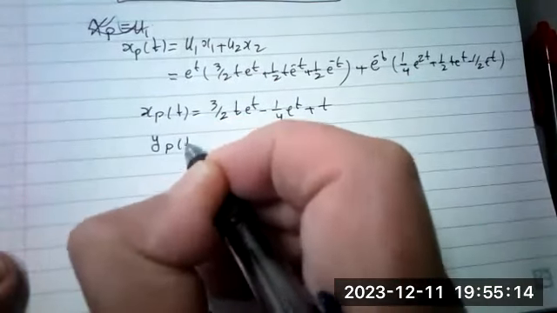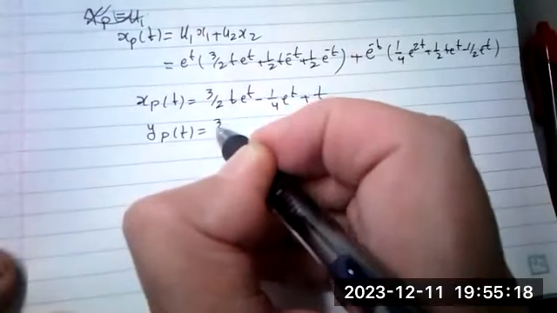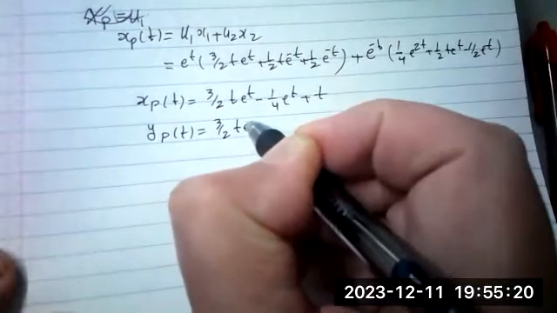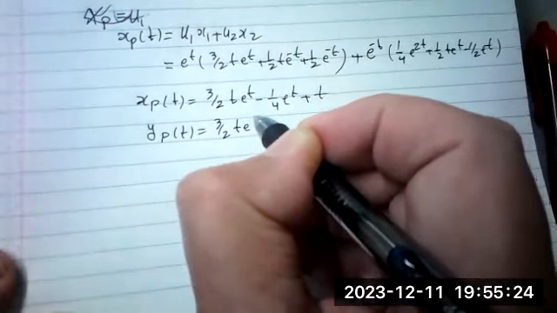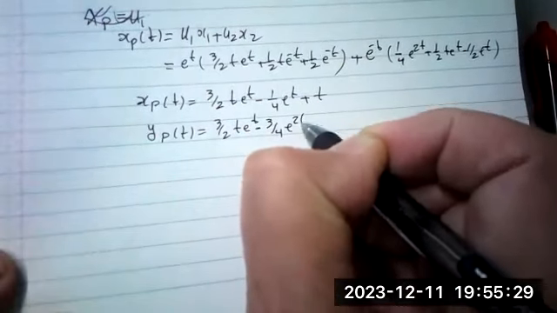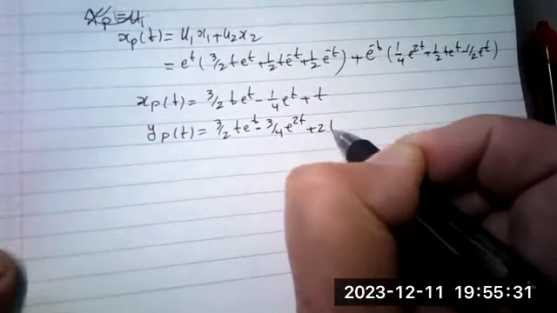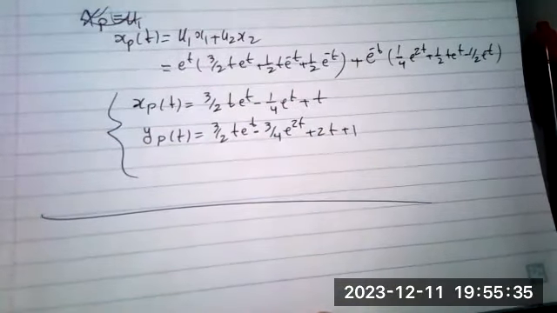And if you do this again, for the y of p, that gives you 3/2 t e to the t minus 3/4 e to the t plus 2t plus 1. Okay, it takes time, but the procedure is not bad.